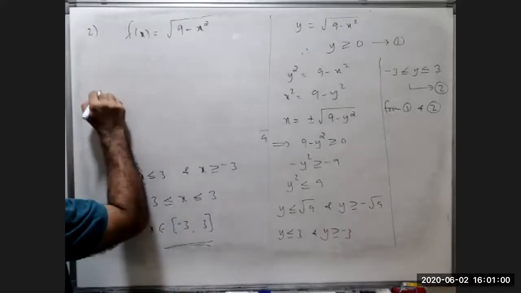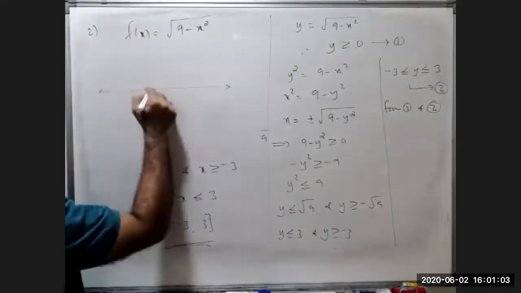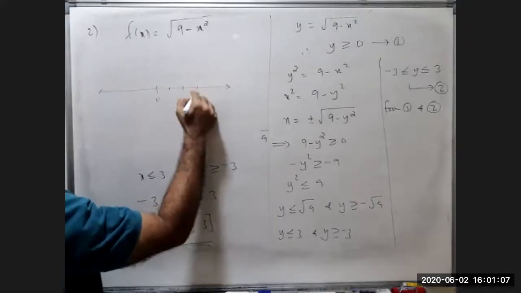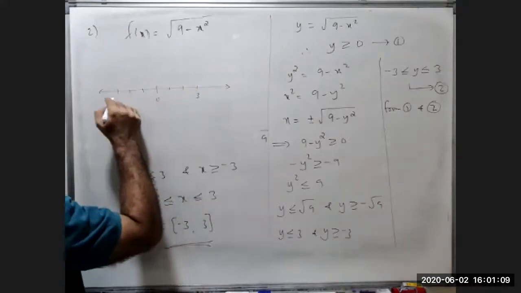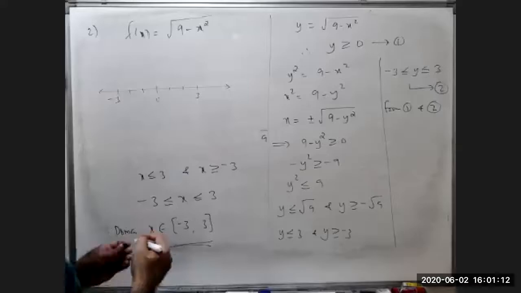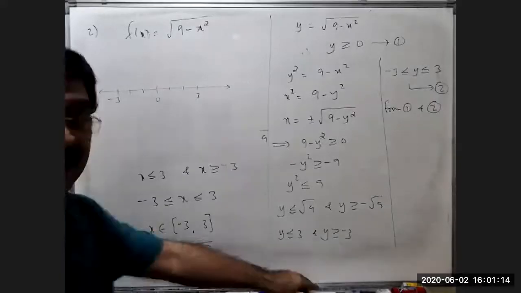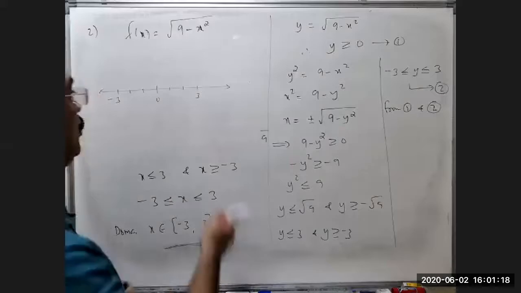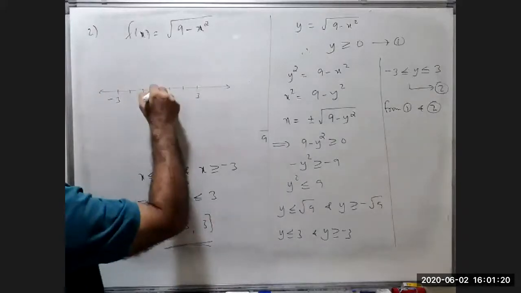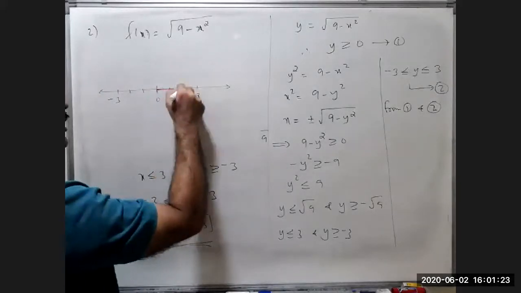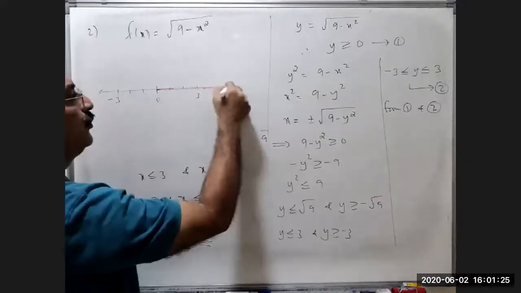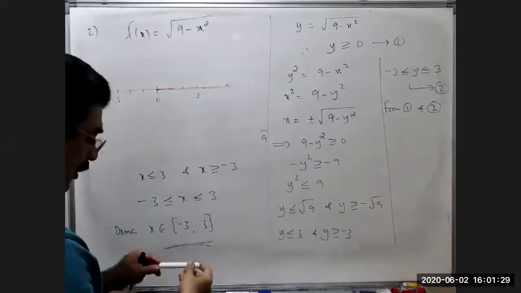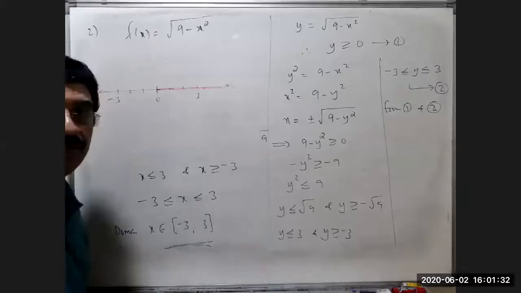remember, the first condition, we said y is greater than or equal to 0. That means, see, I am marking it with red pen, y is greater than or equal to 0 goes on easily. This is condition 1.